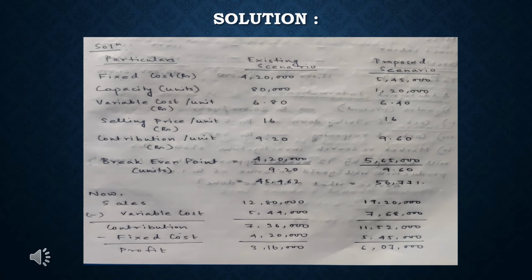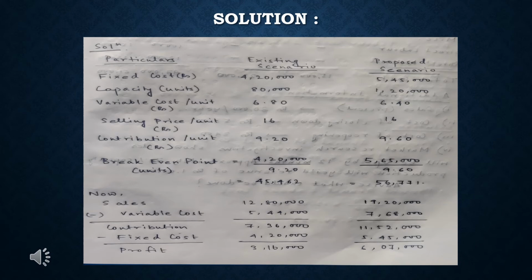So break-even point wise, the existing scenario is better for the organization, and the organization should not opt for the expansion. But if you take the profit into account, the proposed scenario is better than the existing one.